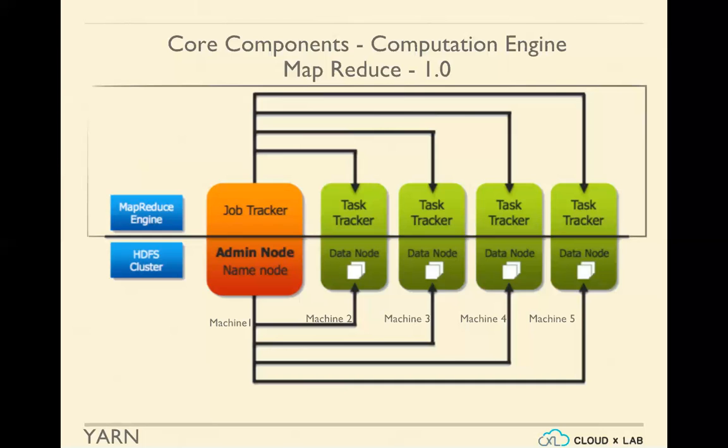So that's exactly the question that Michelle has asked. That's exactly the problem with MapReduce 1.0, that it could only perform workloads of type MapReduce. But since we have a cluster, it can be utilized in many ways. For example, I want to run my database using so many computers.